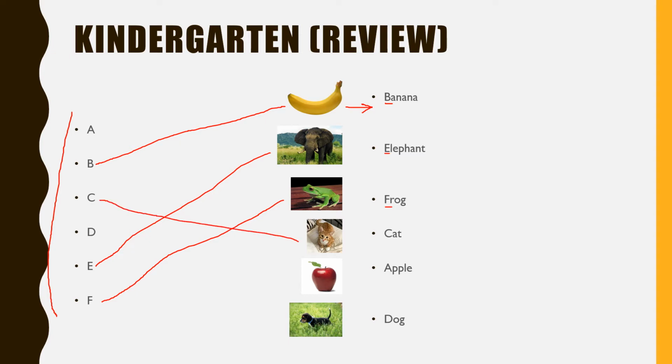C. A, apple starts with A. And dog, dog. Dog starts with D. Okay? All right. Hopefully you got all of those. If not, that's okay. It's a learning process. All right.